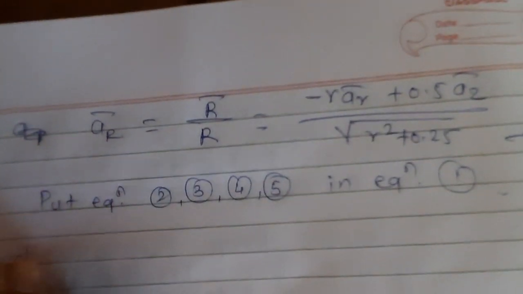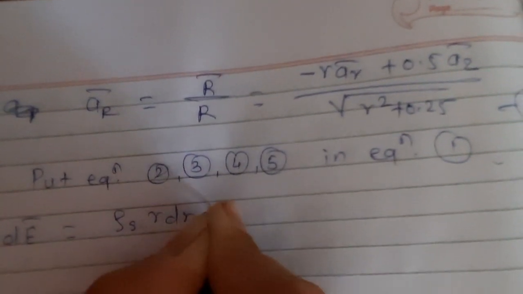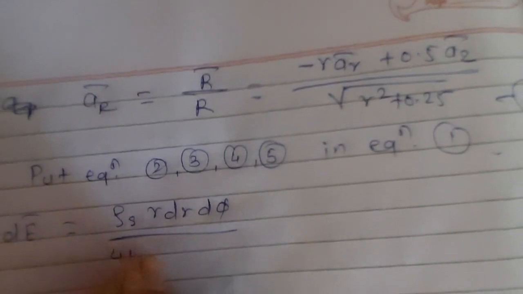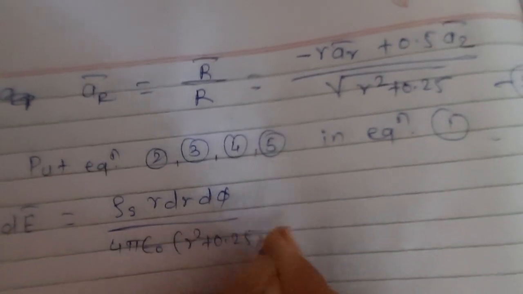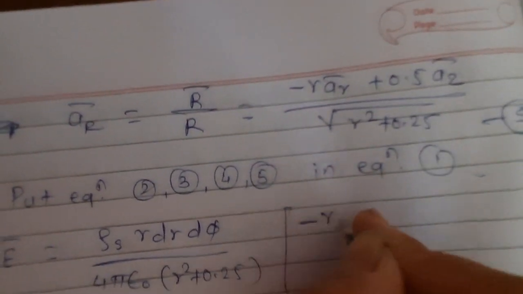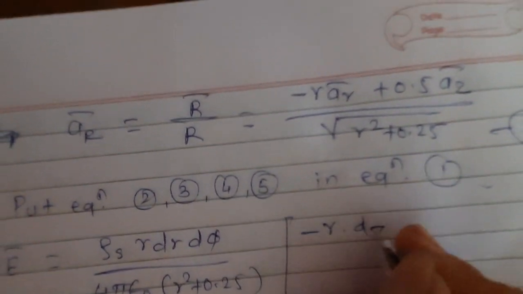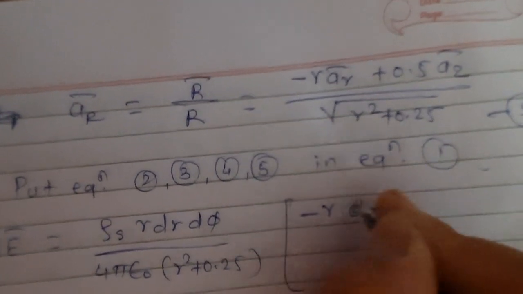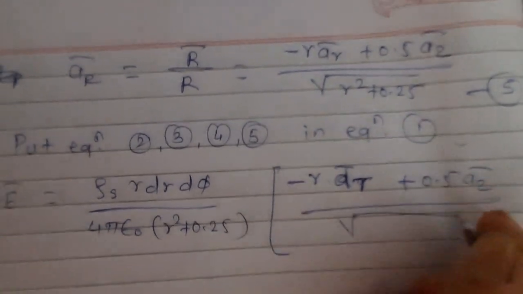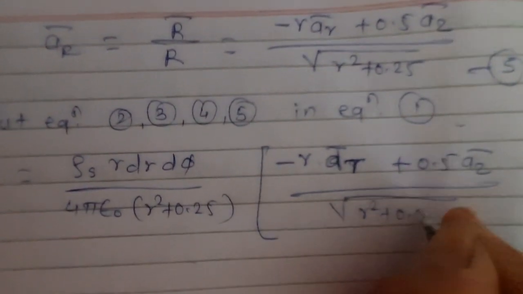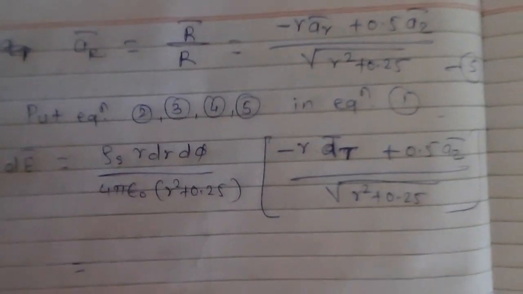So we get dE bar is equal to rho s r dr d phi divided by 4 pi epsilon 0, r square plus 0.25, here minus r ar bar plus 0.5 az bar divided by square root of r square plus 0.25. Now we solve this equation and simplify.